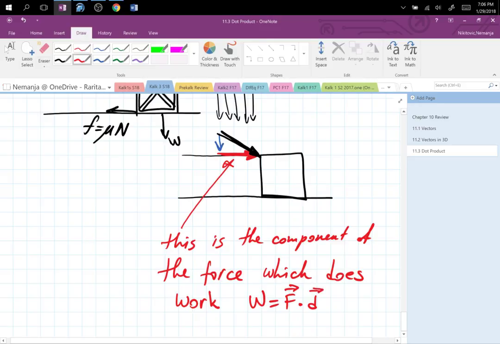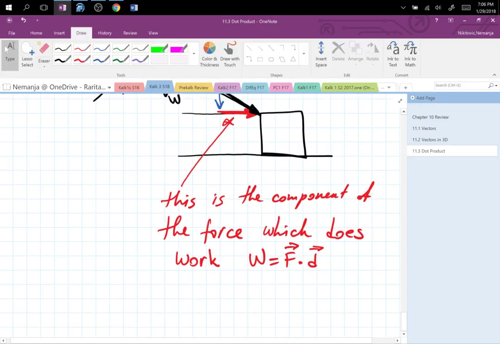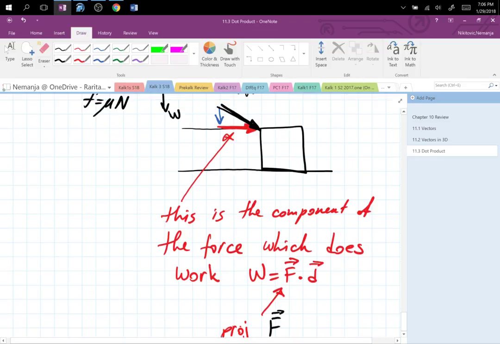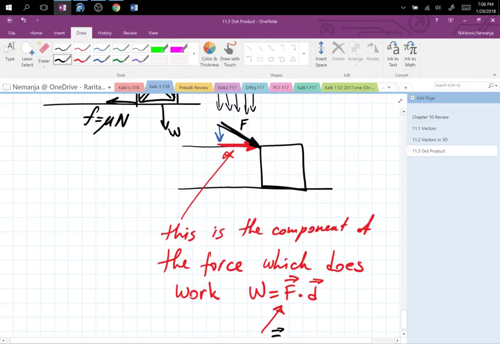So that's the component, and that force is the projection that we covered, projection of the black force. So I have a black and a red force now, right? The black force is the force that you are pushing with, but the red force over here is the force that actually does the work, and the blue force is the one that is wasted.